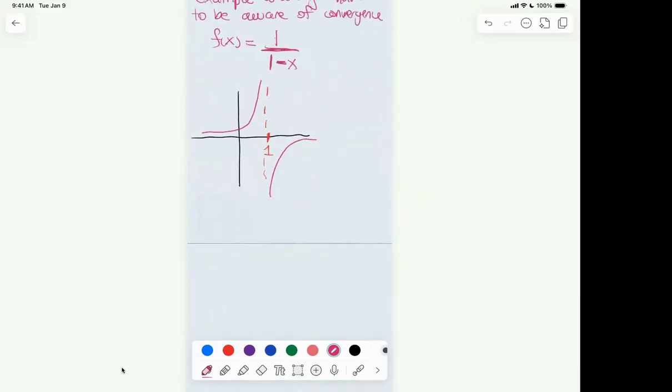Is that okay? And one can check, what is 1 over 1 minus x? If you call x r, it's 1 over 1 minus r. This is related to the geometric series.